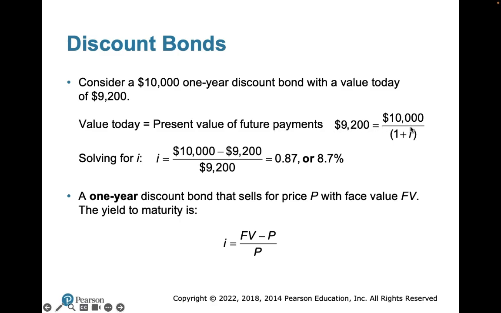To solve for interest, you're going to still get this for discount bonds. So for a 1 year discount bond that sells for P with face value, the yield to maturity is the interest: future value minus the payment, all over the payment.